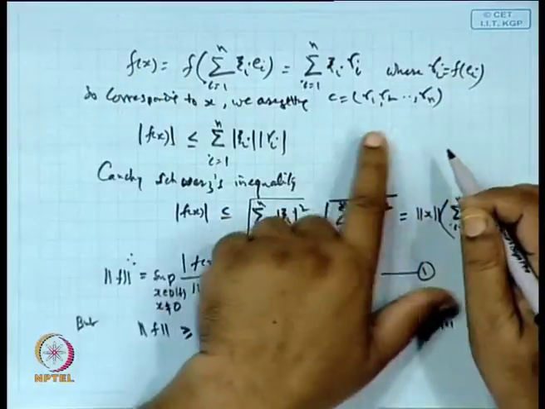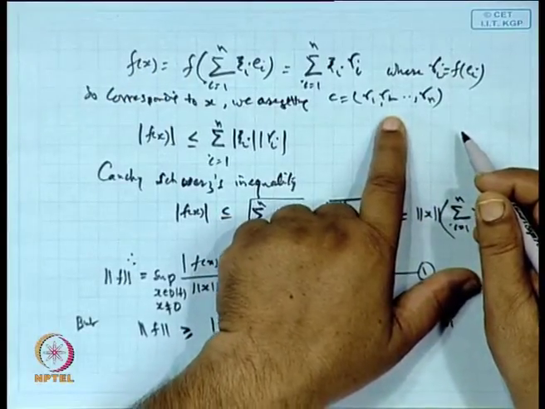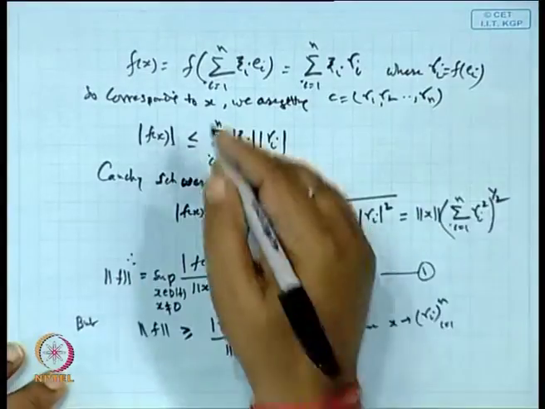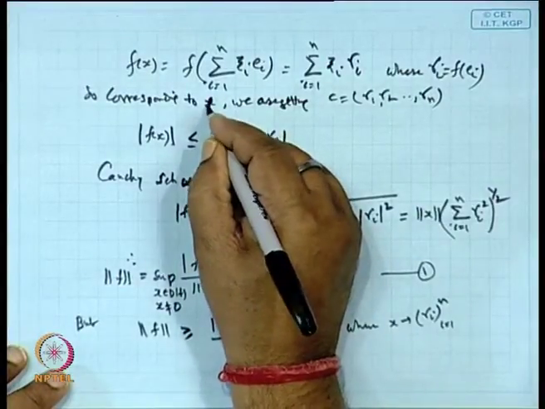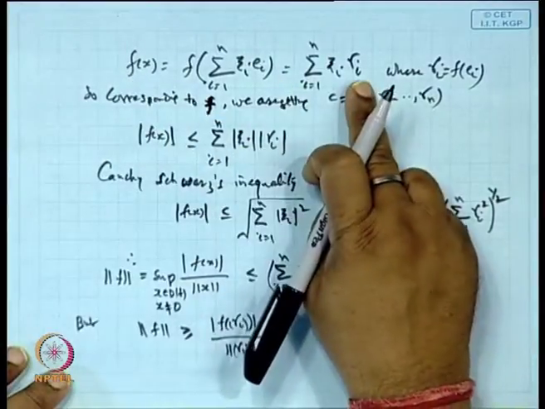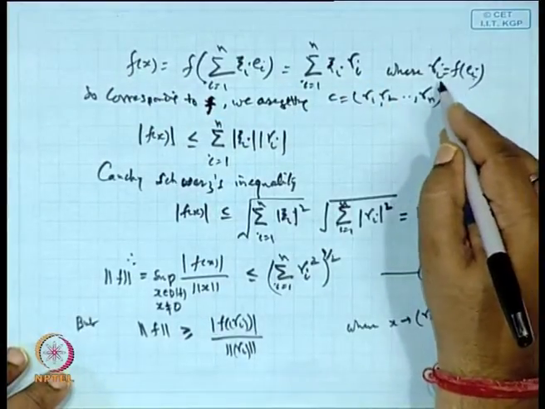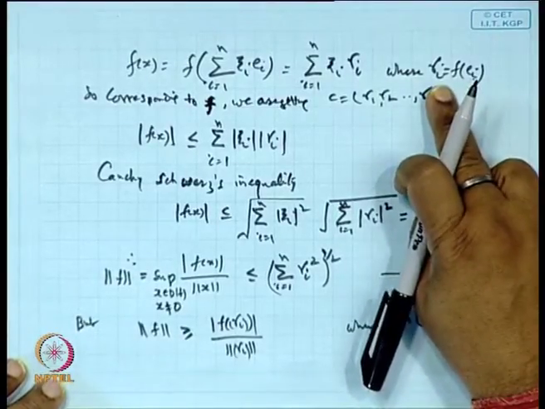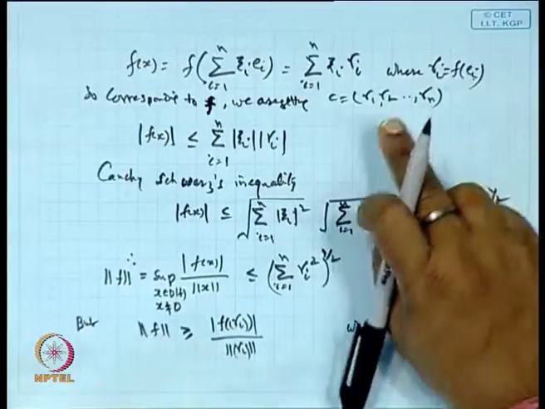Corresponding to f, sorry, not x, x is fixed, because f decides the gamma I. Gamma I is f of E I. So corresponding to f we are getting gamma 1, gamma 2, gamma n like this.